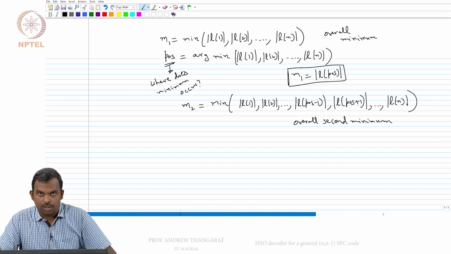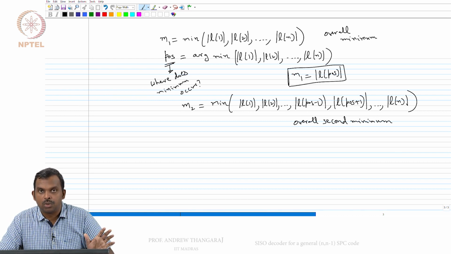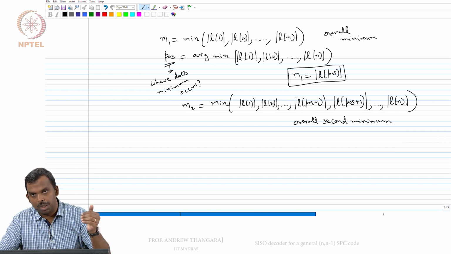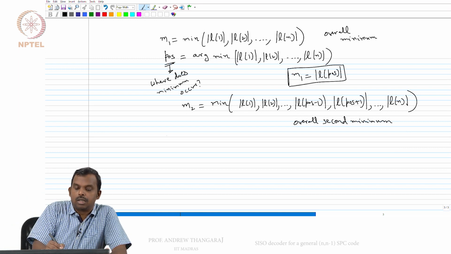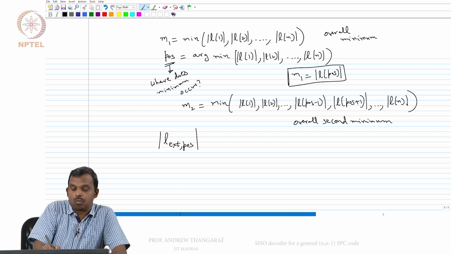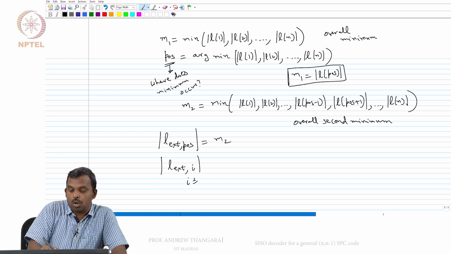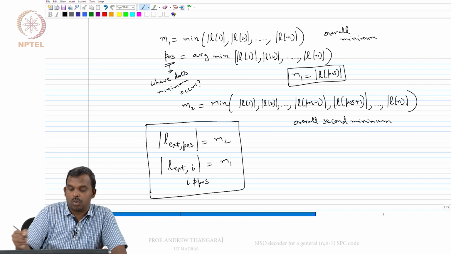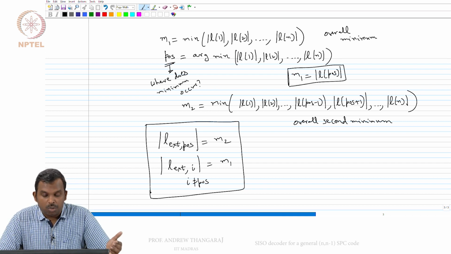Is that okay? So, this is the idea. You take all the incoming LLRs, take their absolute values, find the overall first minimum where it occurs, then throw it out, find the overall second minimum. Then once you do this, it turns out the absolute value of Lx pos equals m2, and the absolute value of Lx I for I not equal to pos is m1. So, this is the main result. Think about why this is true.